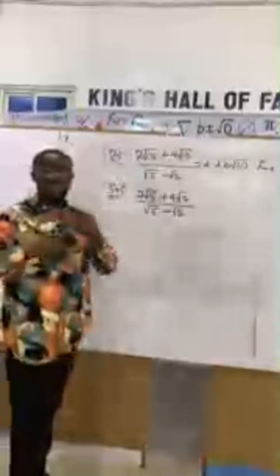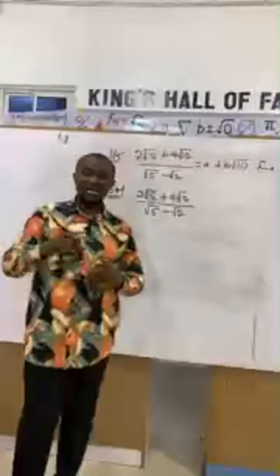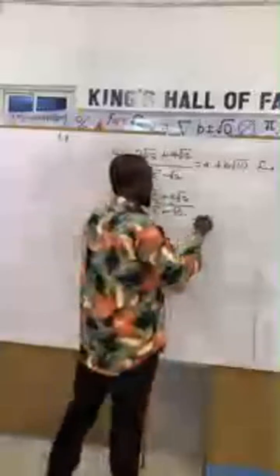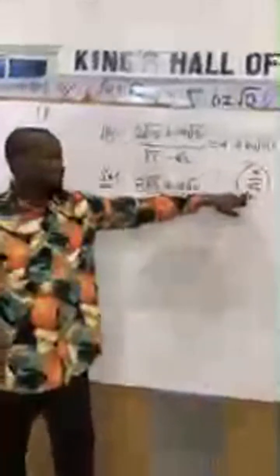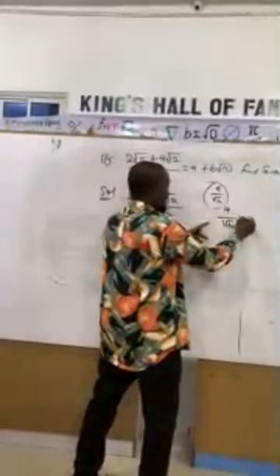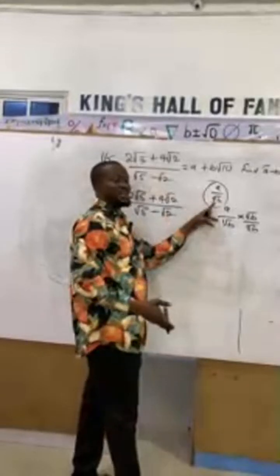So now, rationalization means multiply the numerator and the denominator by the denominator. In this case, if you have A over root B, we cannot present something like this, so we have to rationalize. We rationalize by saying we have A over the root of B times the root of B over the root of B. What do we do when we multiply the up and the down by the down?